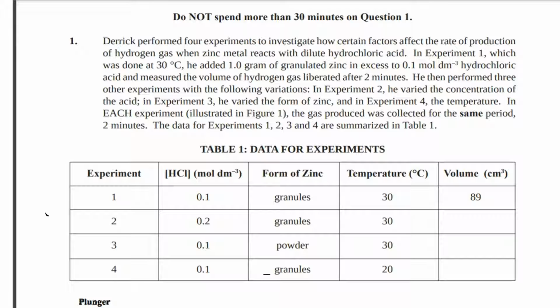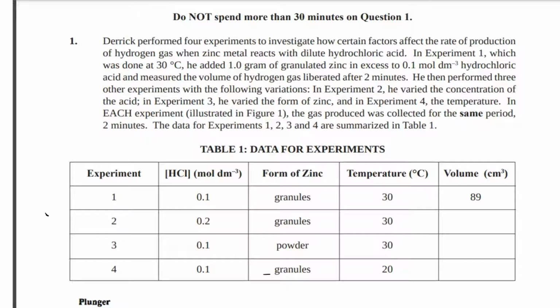He then performed 3 other experiments with the following variations. In experiment 2, he varied the concentration of the acid. In experiment 3, he varied the form of zinc. And in experiment 4, the temperature. In each experiment, the gas produced was collected for the same period, 2 minutes. The data for experiments 1, 2, 3, and 4 are summarized in table 1.